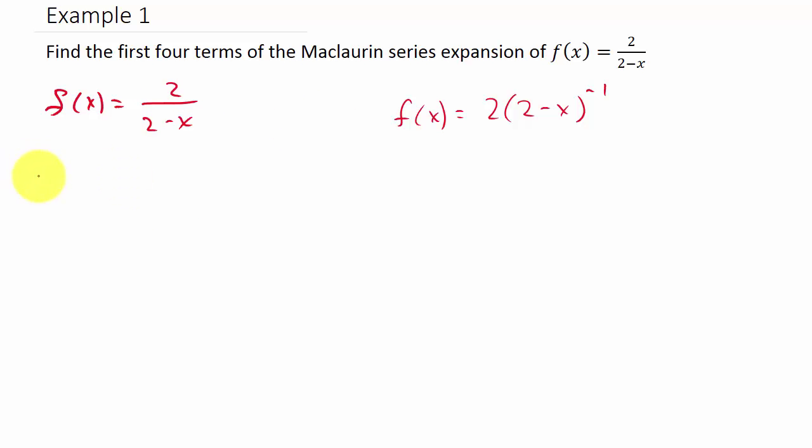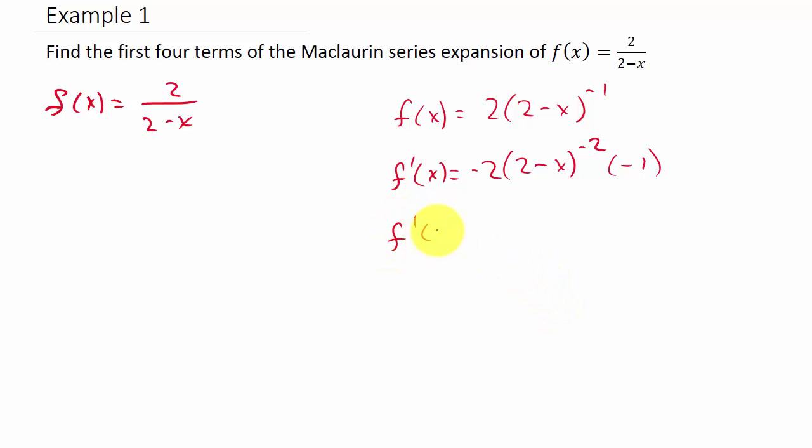So the first derivative: I would bring the negative 1 down, so that's negative 2 times 2 minus x to the negative 2, times the derivative of what's inside the parentheses, that's negative 1.